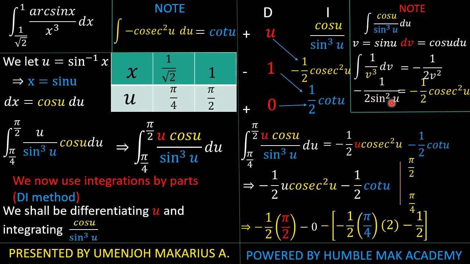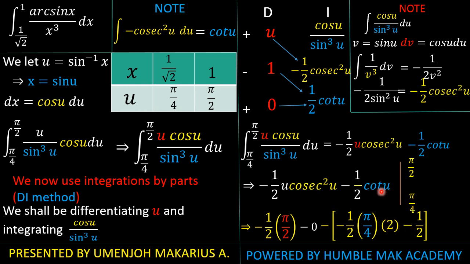Keep in mind that sine pi over 4 is given as 1 by root 2. So if you square that, we simply have 1 over 2. Then since it is 1 over sine, we simply reverse it. So we are now going to have just 2 here.